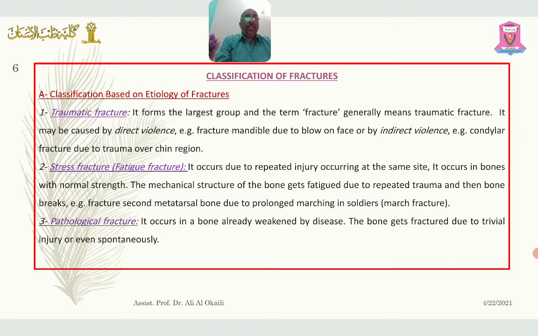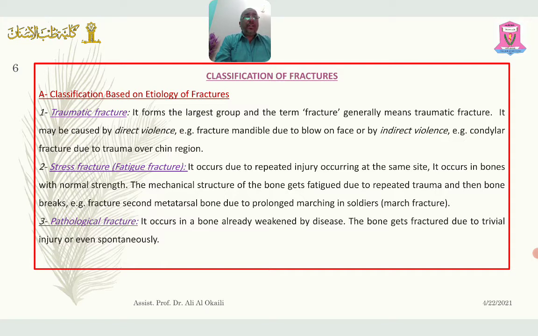It forms the largest group of the term fracture, generally means traumatic fracture. نتيجة ضربة وقعة may be caused by direct violence. For example, fracture of mandible due to a blow on face, or indirect violence, condyle fracture due to trauma over the chin.